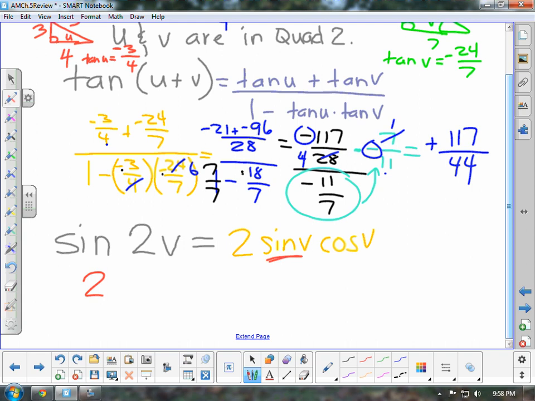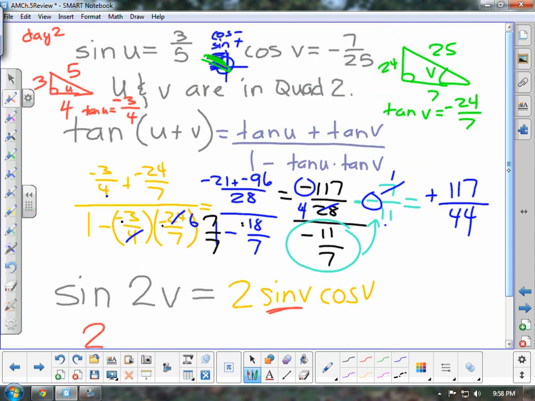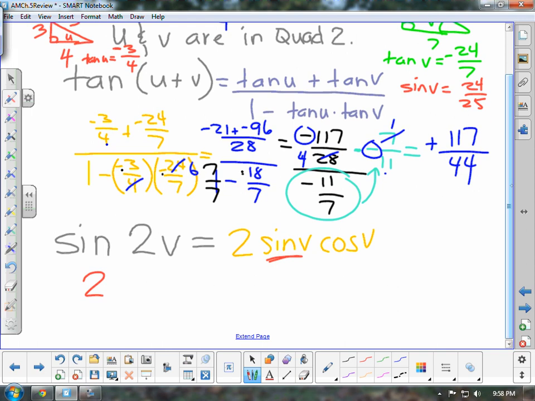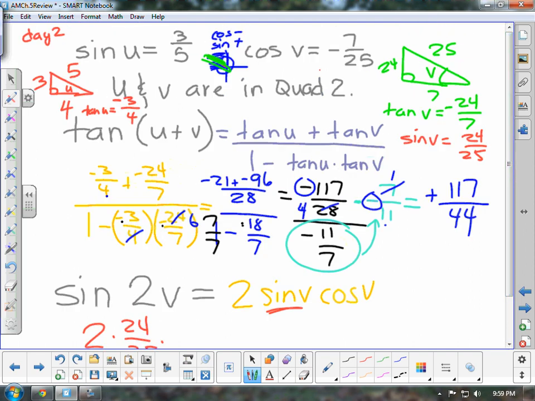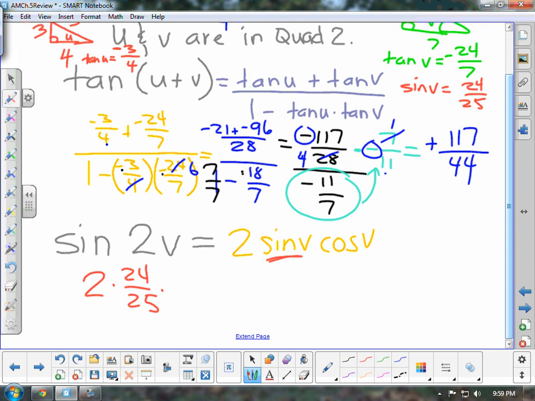And if we're looking at this triangle here, v, sine is going to be 24 over 25. And since it is in the second quadrant, that's a positive 24 over 25. And then cosine is a negative 7 over 25.